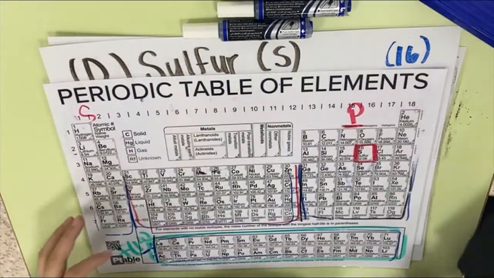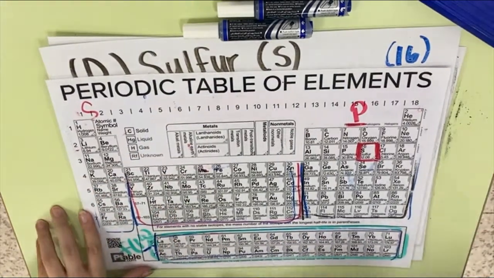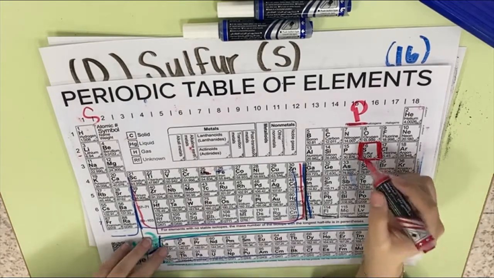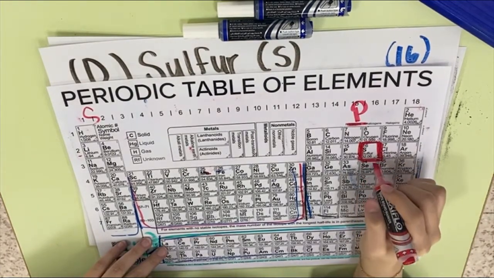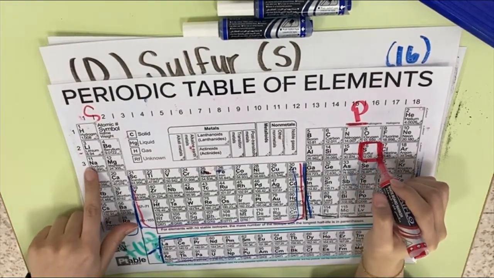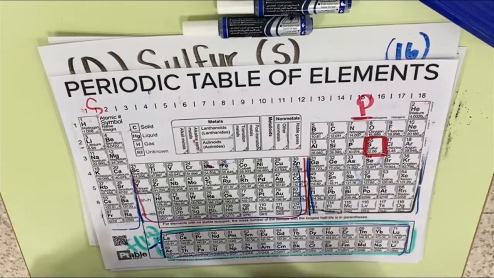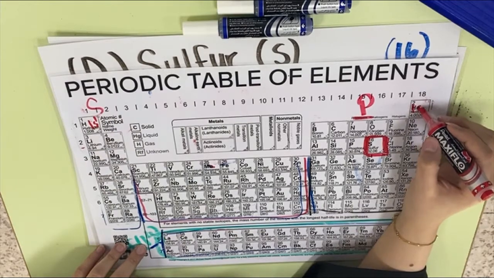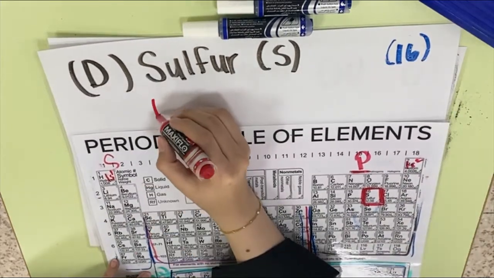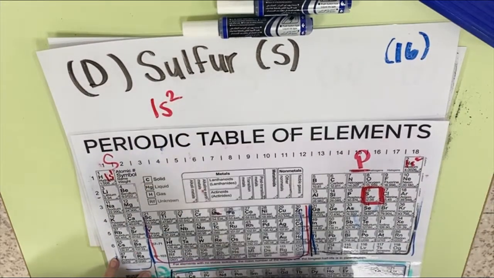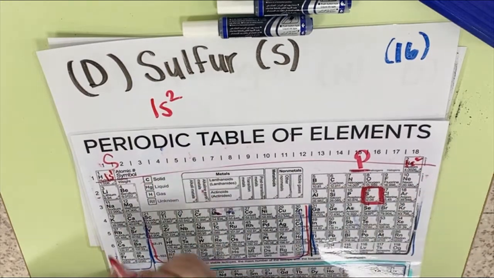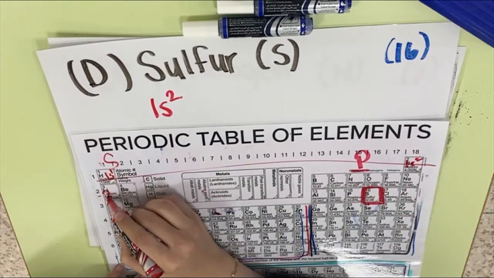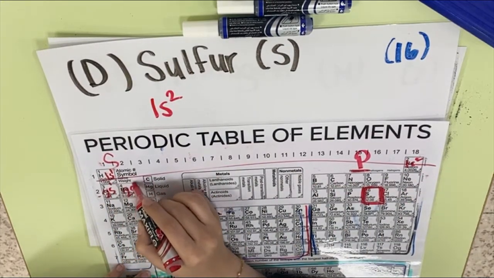Let's check our answer together. I really hope we're doing it right. Sulfur, we located it. It's in the P block in the third row. Let's see, third period. So we have 1s1, 1s2. So this is our first. 1s2. We are done the first row. Let's go to the second row. 2s1, 2s2.